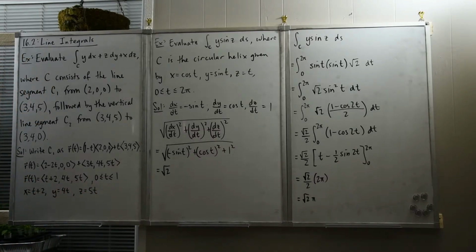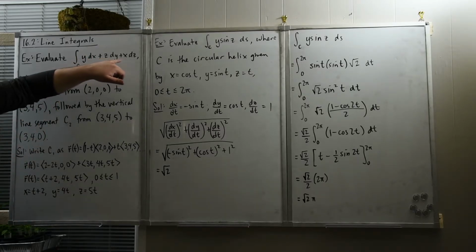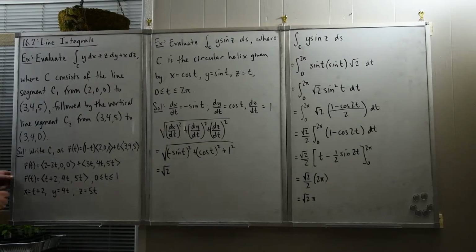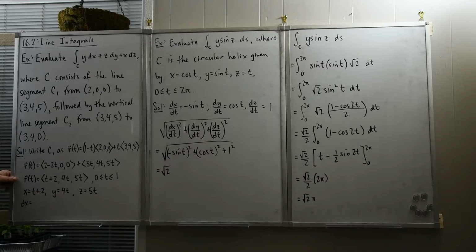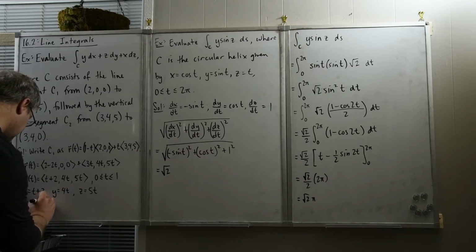So this is really nice, because when I go back to this part here, I can replace the y with 4t, the z with 5t, and the x with t plus 2. But I also need to know what's going on with dx, dy, and dz. That's pretty easy, because if x is equal to t plus 2, that just means dx is equal to dt.